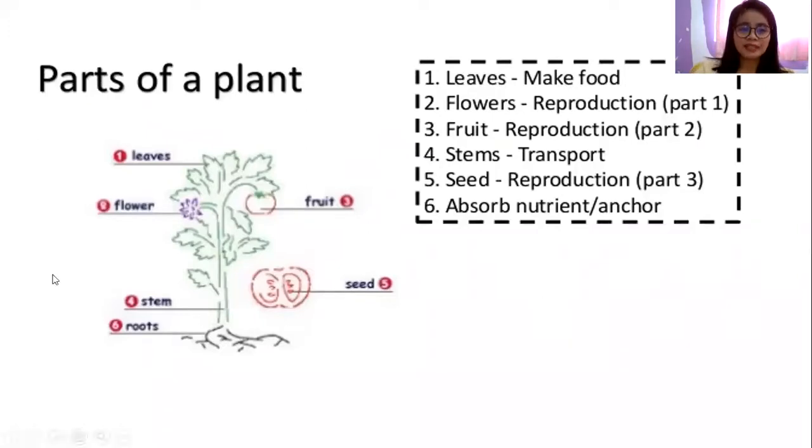So we have leaves. Please take note of the spelling, that is very important. Leaves.